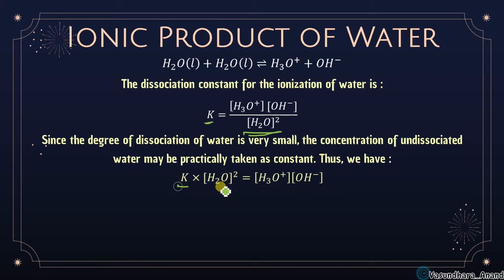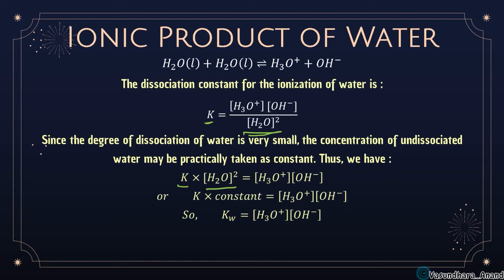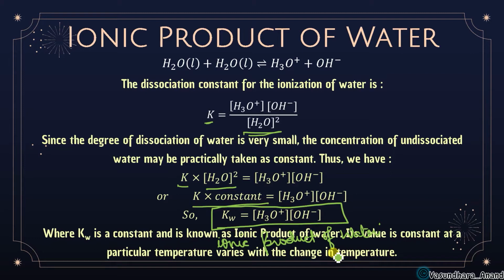A constant multiplied by a constant will give you another constant. This is called Kw, and that Kw is called the ionic product of water. Kw is a constant and it is known as the ionic product of water.